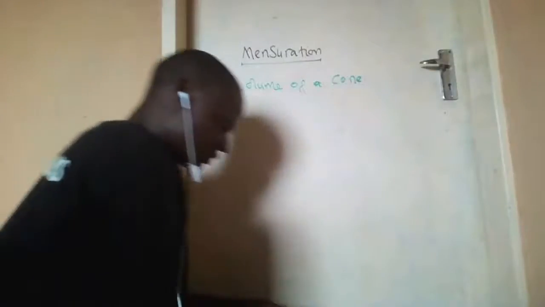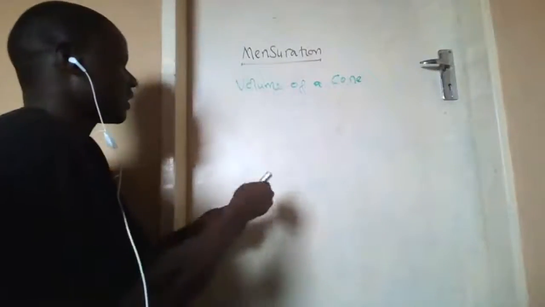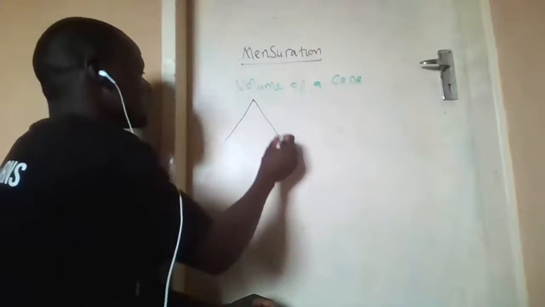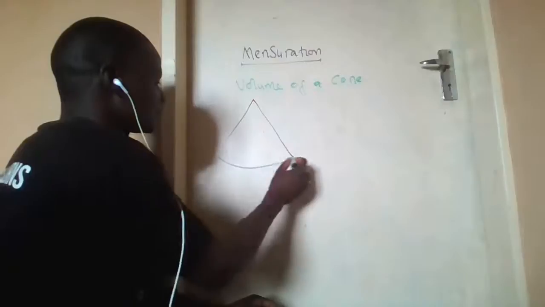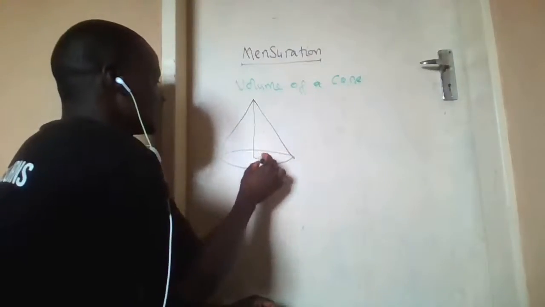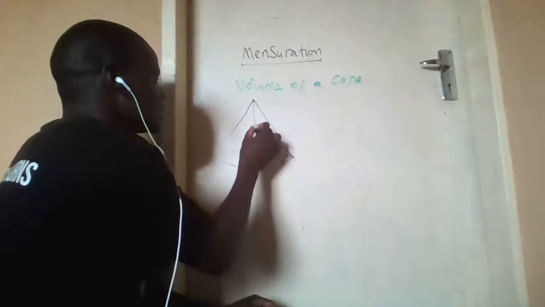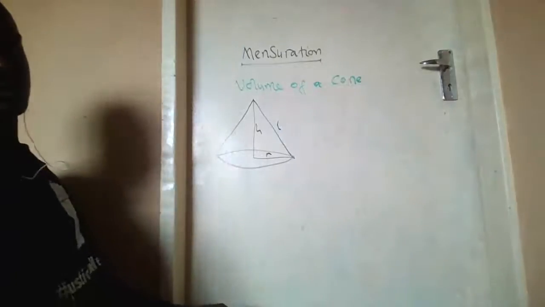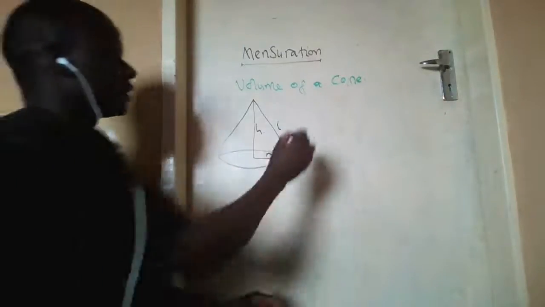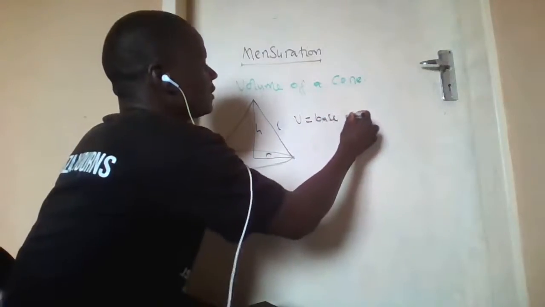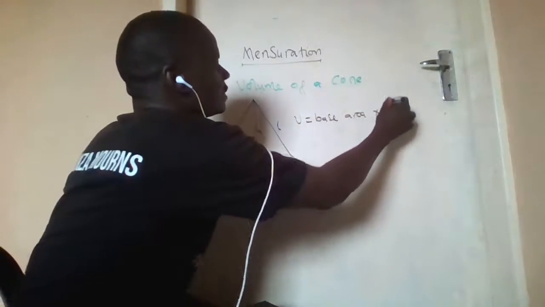So when you have a cone like the way I've drawn it, with a height, a radius, and the slant length L, finding the volume of such a cone, volume is equal to base area times the height.